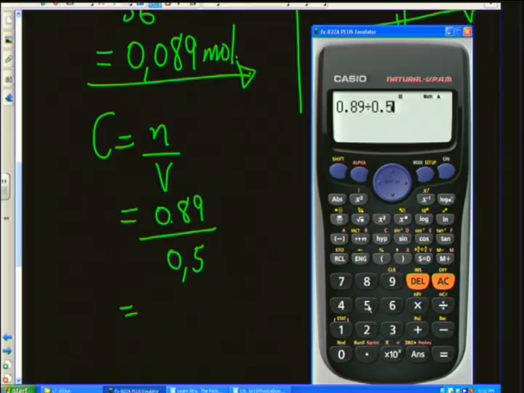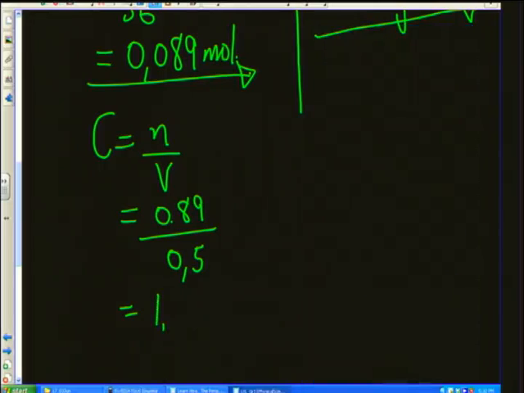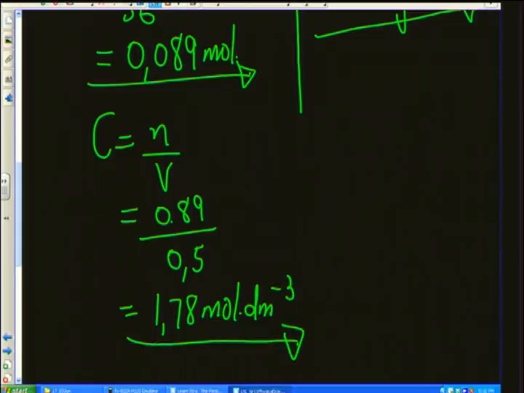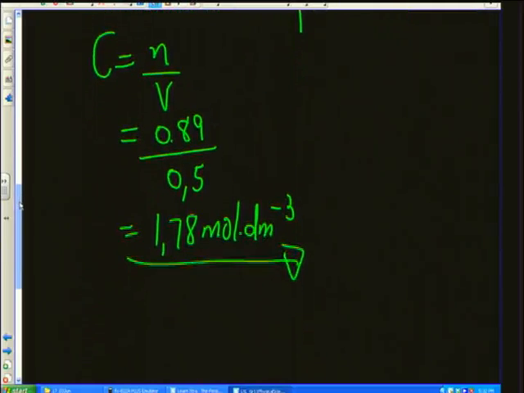Right, that is 1.78. So 1.78 mole per cubic decimeter. So that becomes the concentration.